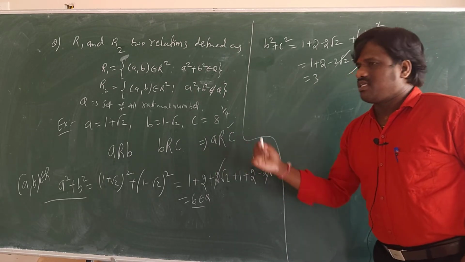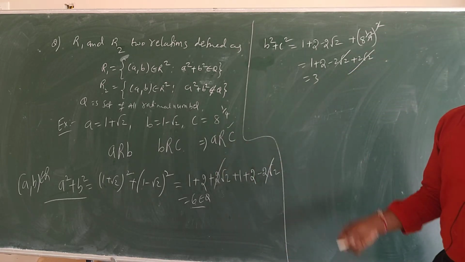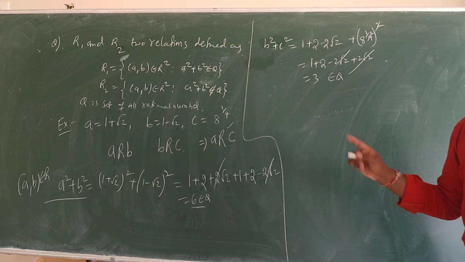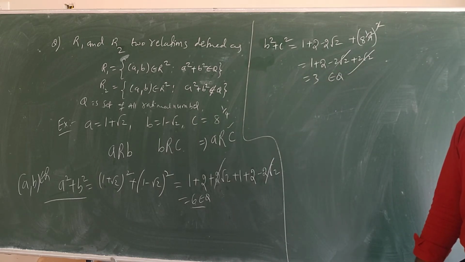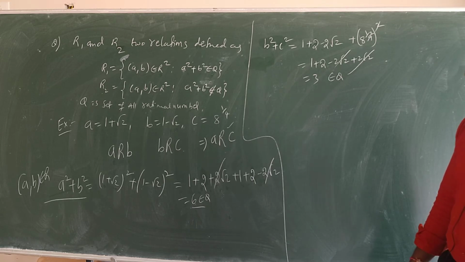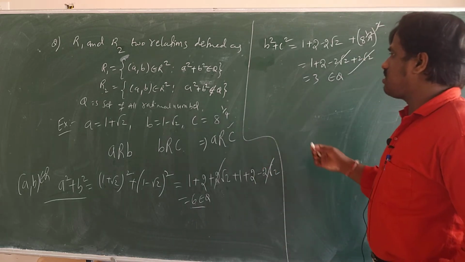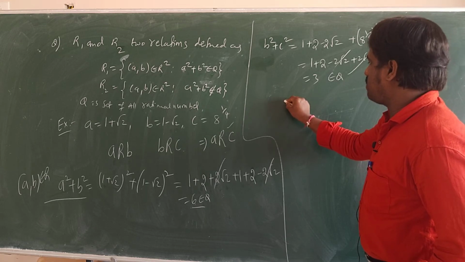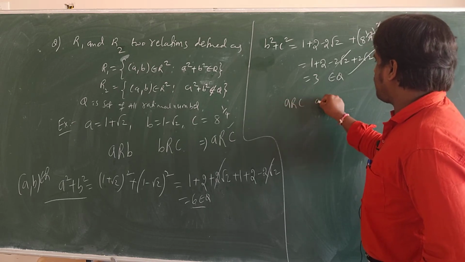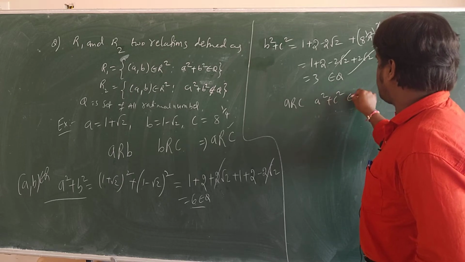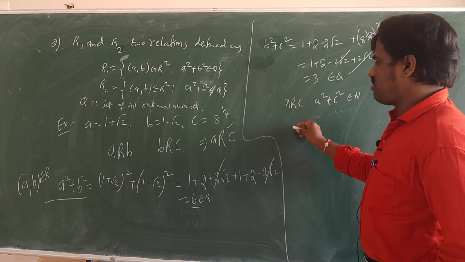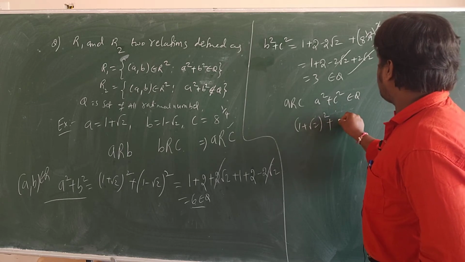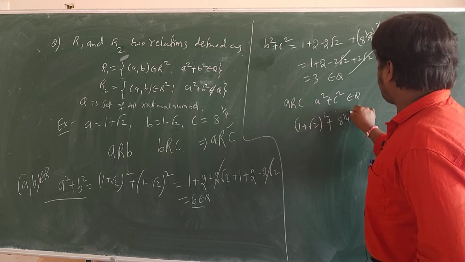So if A is related to B you got a rational number, and B is related to C you got a rational number, then A related to C should also give a rational number. A related to C means A square plus C square should give a rational number. So A square is 1 plus root 2 whole square, plus 8 power 1 by 4 whole square.